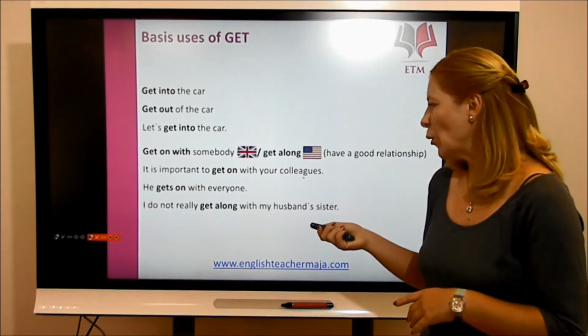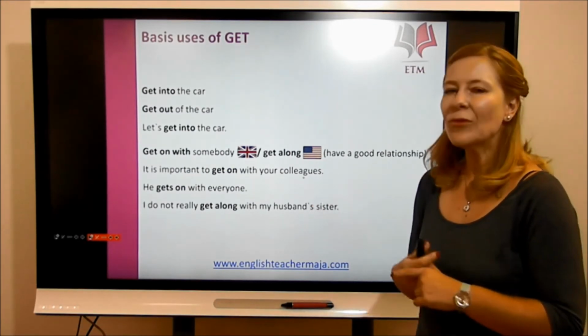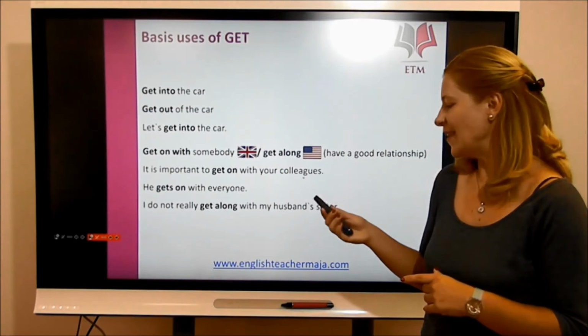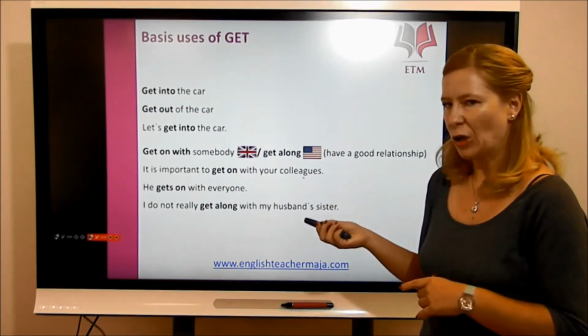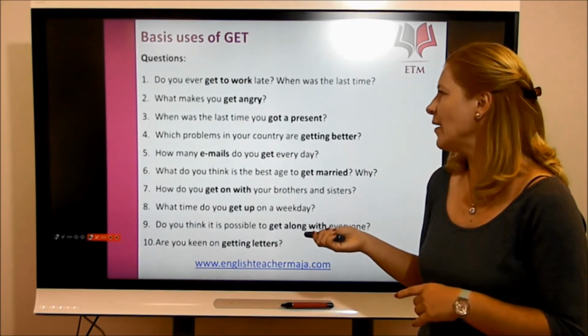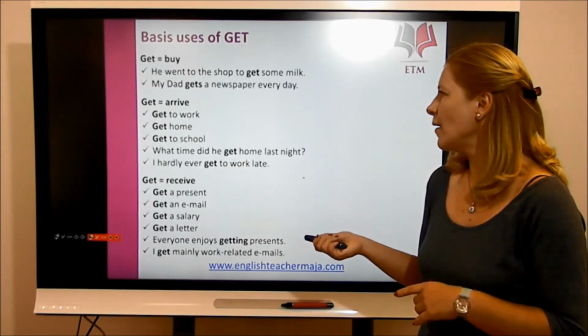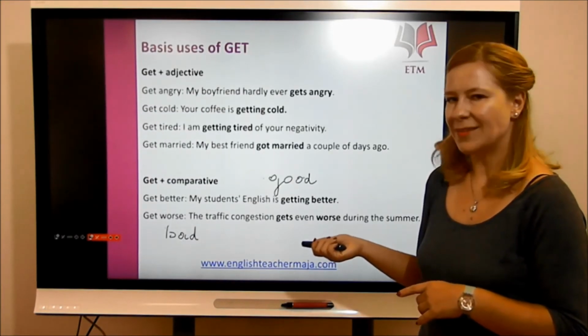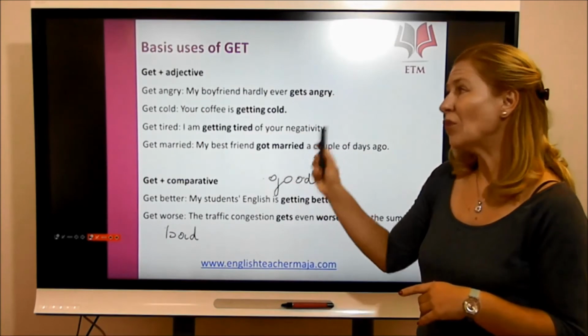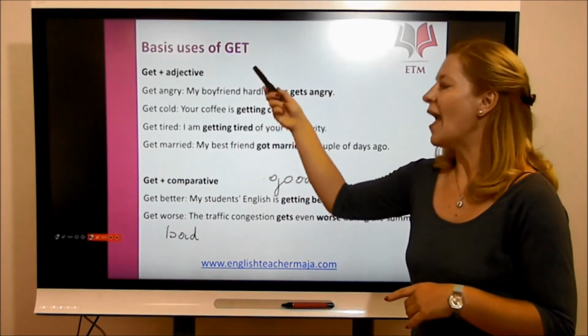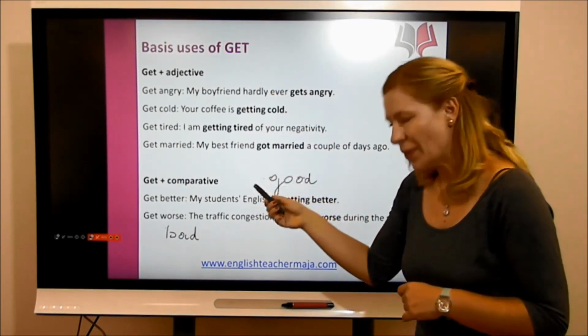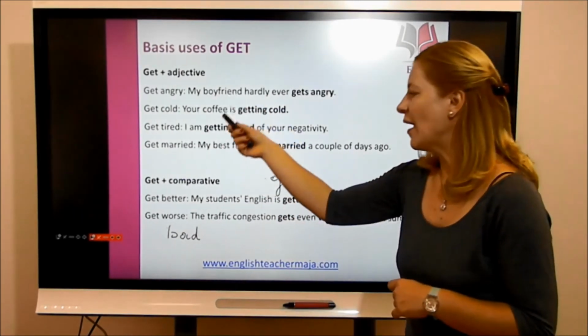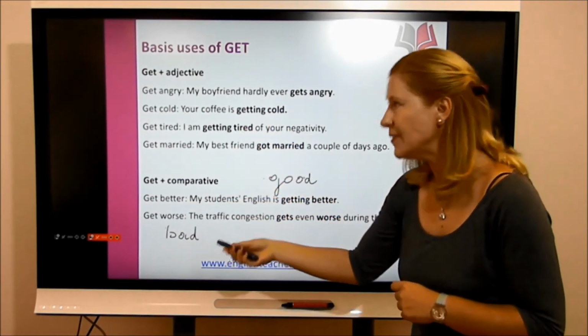Okay, so before we move on to the last stage of this lesson, let's have a quick look at what we've covered today. Yes, so you know that you could combine get with adjectives and with comparatives. For example, get angry, get better, get worse.